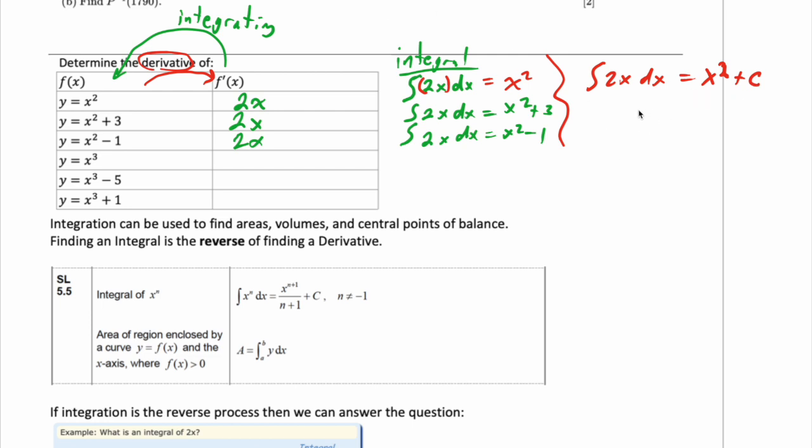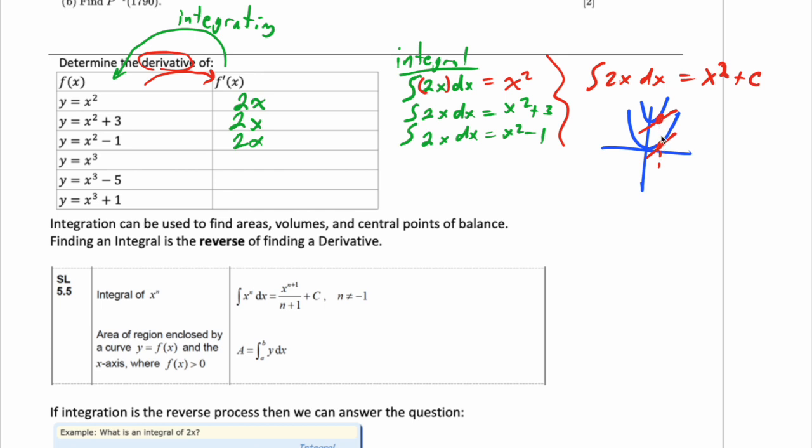If you look at x squared, here's the graph of x squared. I kind of messed it up a bit, it should go through there. And the graph of x squared plus 3 is here. But if you look at certain points, like over here at x equals 1, the slope here is the same as the slope here.